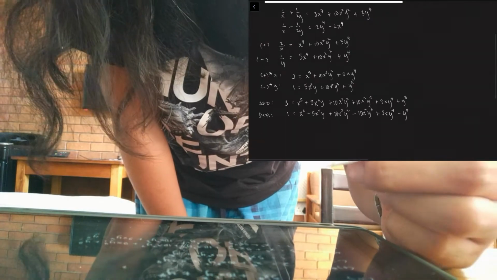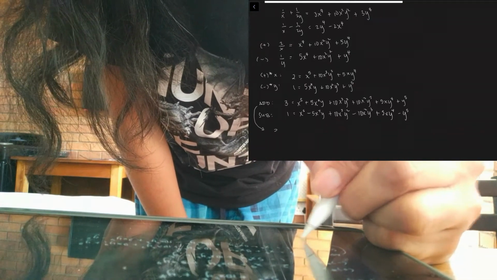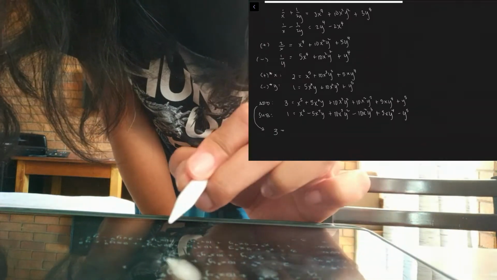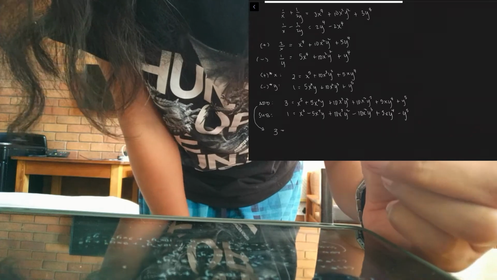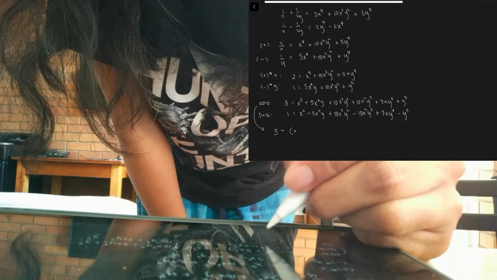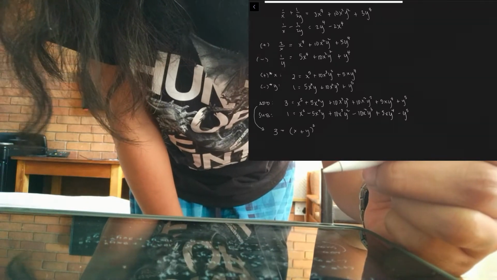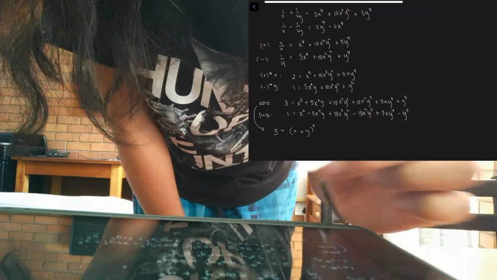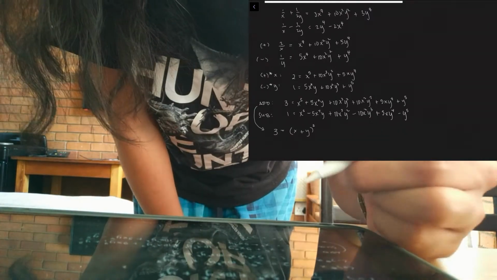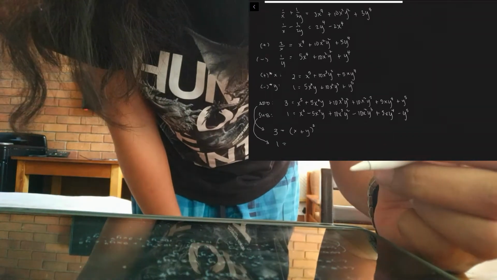Look at the right hand side of the first equation: 1, 5, 10, 10, 5, 1. These are the binomial coefficients of Pascal's triangle, and basically this is x plus y to the fifth. If you expand x plus y to the fifth, you get exactly this because of the pattern 1, 5, 10, 10, 5, 1.